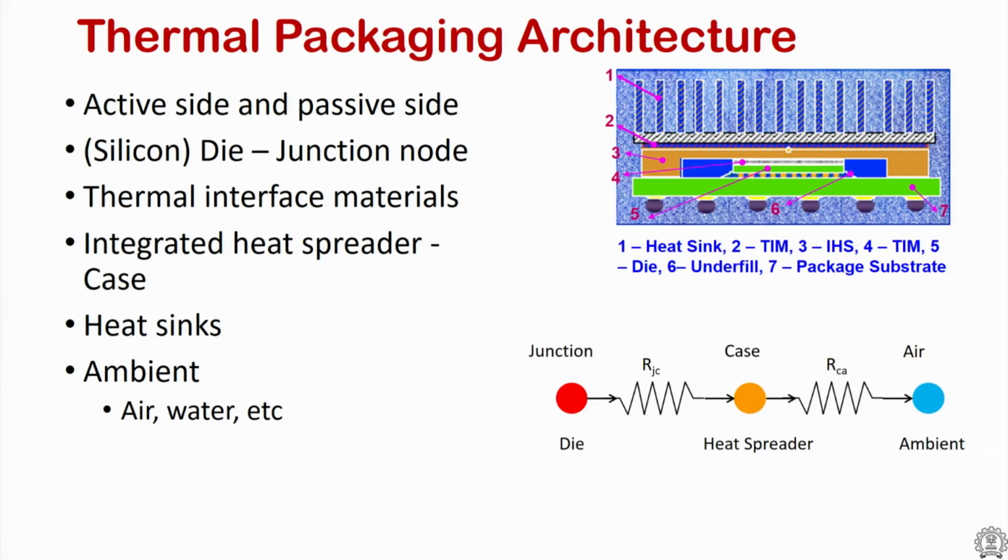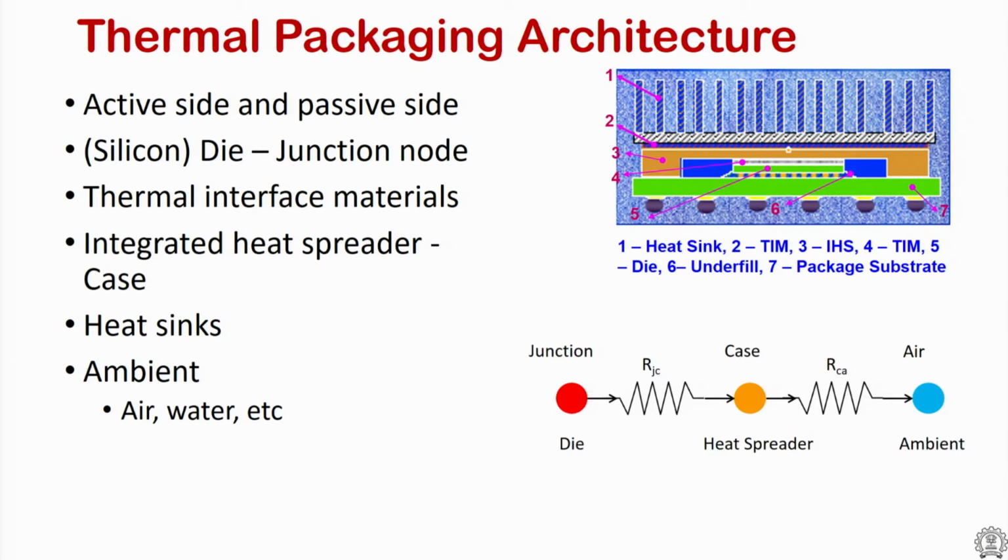And on top of it, in the heat sink, there are other resistances, that is the conduction resistance through the base of the heat sink, then the conduction resistance in the fins, then convective resistance from the fin to the flowing air, if air happens to be the ambient that is cooling the system.